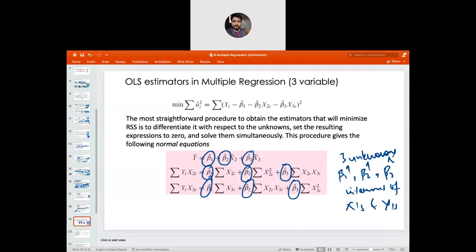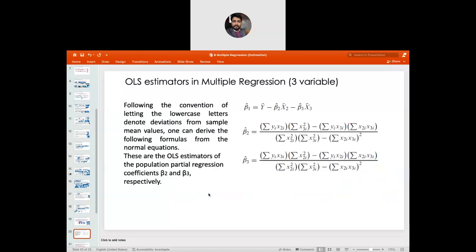So all other terms will be there as they are. You just have to solve for beta 1 hat, beta 2 hat, and beta 3 hat. You are solving three simultaneous equations for three unknowns, right? You can use Cramer's rule as we did before, which will be easier, or you can solve them simultaneously using algebra. You will get three equations for the betas, and these are the results that you will get, right?